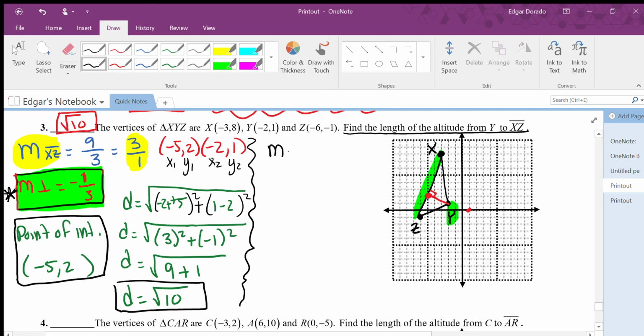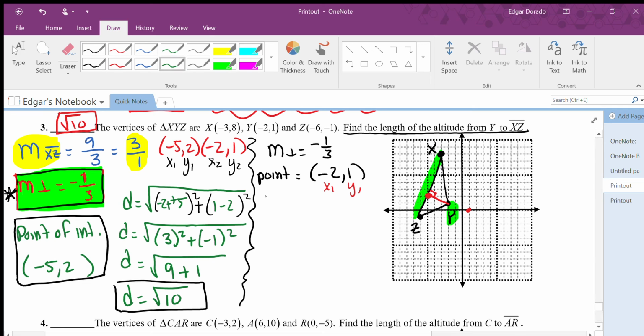The slope of my perpendicular altitude is negative 1 over 3. And my point is the point that it's coming from. It's coming from y, that is negative 2 comma 1. Again, an x1, y1. Then I have everything I need to write it in point slope form.